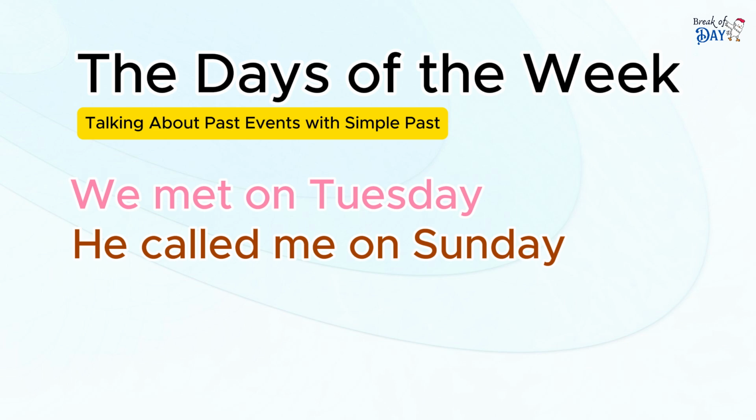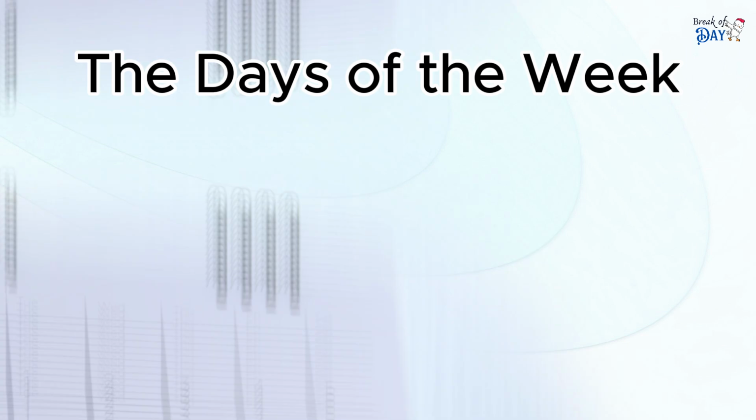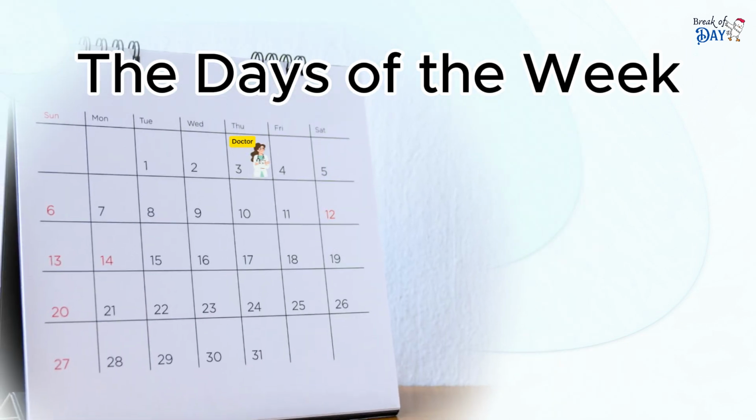Okay, this is practice time. Now let's practice together. I'm going to show you some pictures and I want you to tell me which day something happens. What day is the doctor's appointment? That's right.